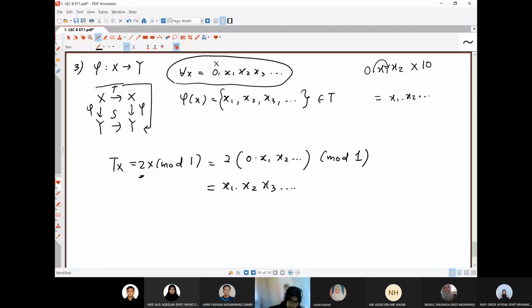Betul? Okay, now kalau kita ambil mod 1 pula. So if x1 is 1, then we remove 1. Is that okay?